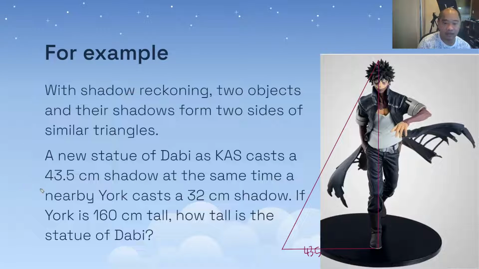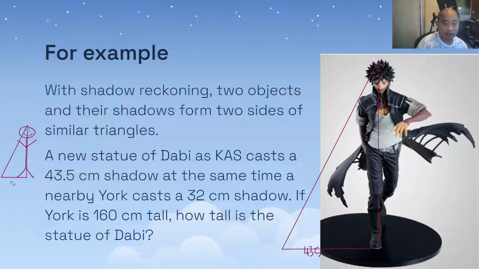that's it. So let's say that York is standing over here, and York is like, "Hey guys, I love looking at the statue of Dobby. Yay, Dobby." And let's say that York has a shadow, and York has a height, and if we connect the top of York to the edge of his shadow, then you would have another triangle, right?